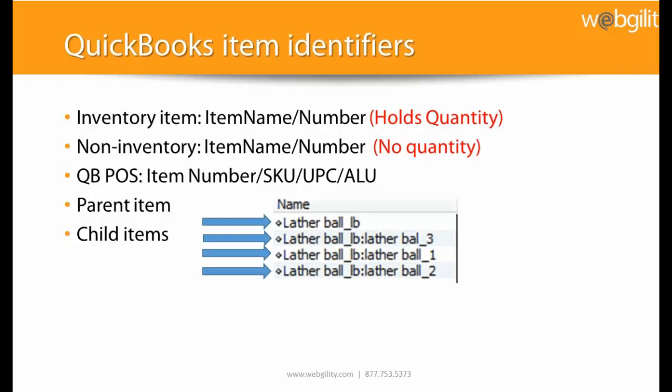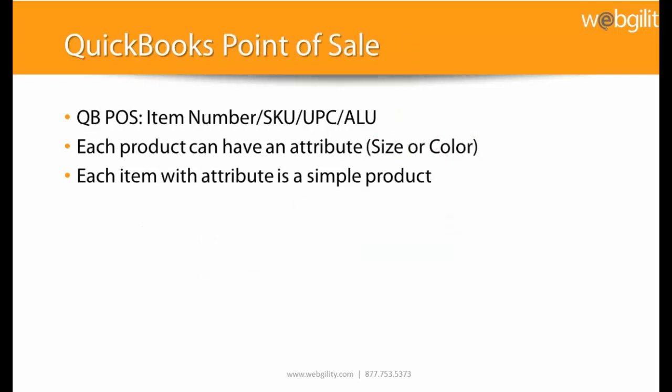If you have this type of relationship between your products in QuickBooks, let's say this child item, since eCC will be looking at the SKU, as in leatherball underscore LB colon leatherball with 1L underscore 3, that's what your SKU should be in the online shopping cart. That's why it's extremely important to understand how QuickBooks identifies a product.